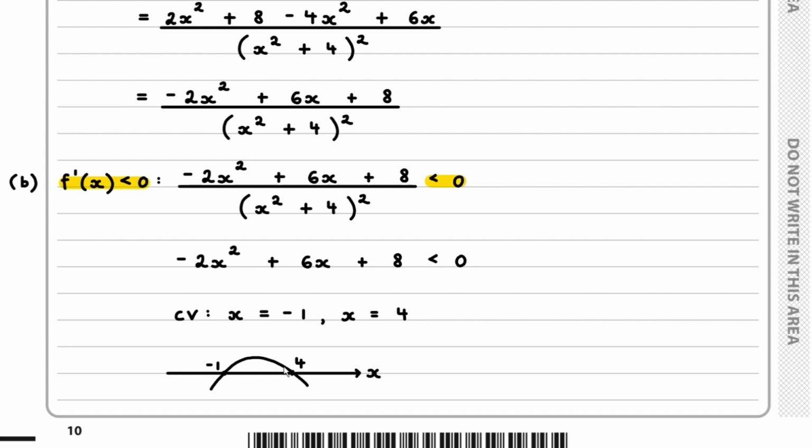Now where the graph is less than 0, that's over here, which corresponds to x being less than negative 1. Or we have the values shown here, which correspond to x being greater than 4.